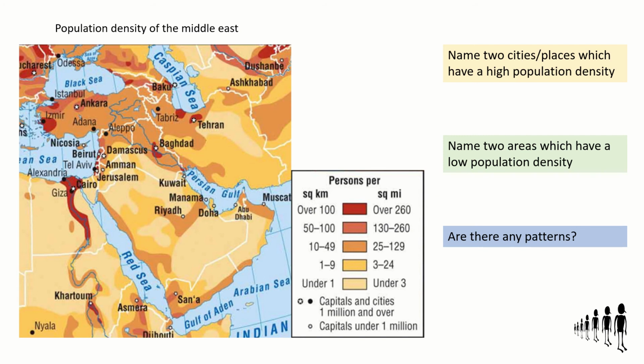Okay, 2 cities with a high population density: I'd be looking at places like Cairo and Giza, Tehran, Izmir in Turkey, and maybe Ankara and Baku as well. Areas with low population density, you could have this area of the Middle East here, and arguably places like Doha and even Abu Dhabi. And are there any patterns? Generally, the areas of high population density are near water resources.